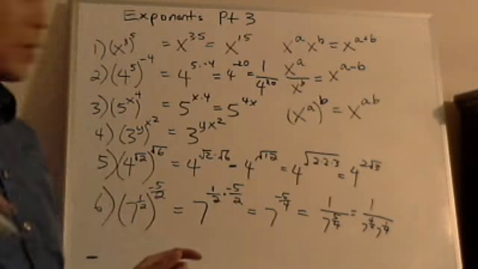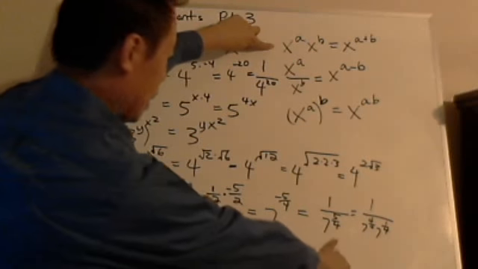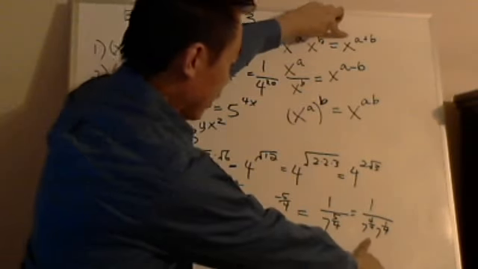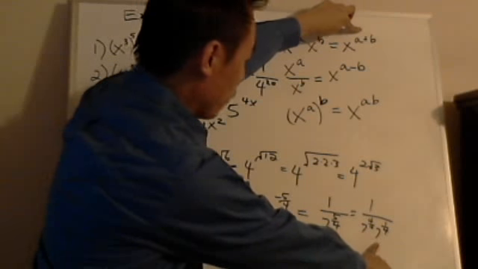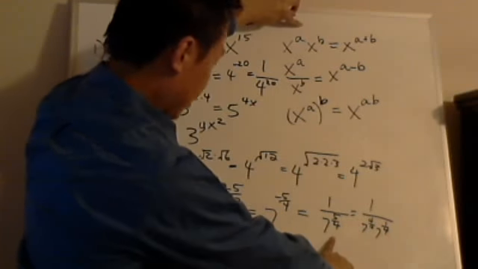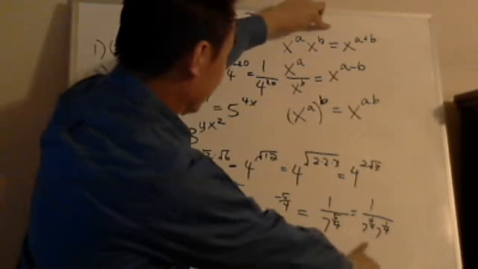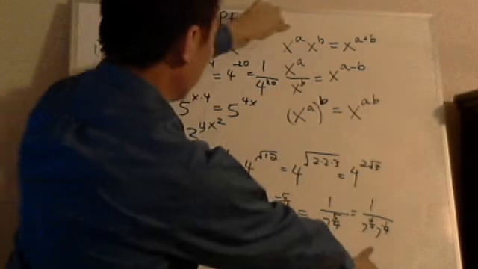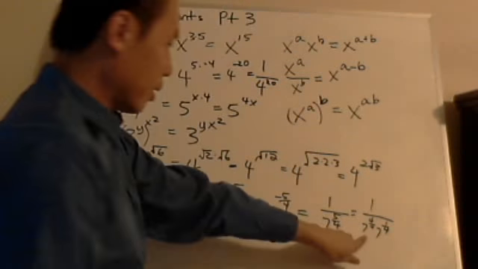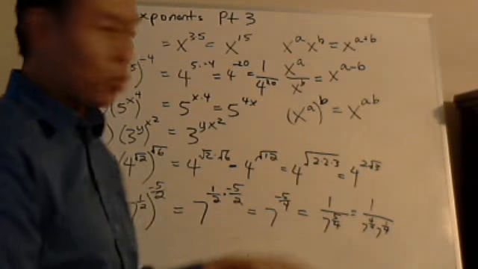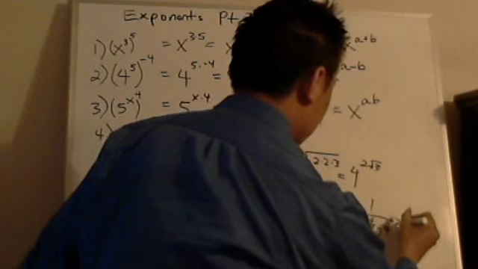And do you remember why you can do that? Look at the first one. Doesn't it look the same? 7 to the 4/4 times 7 to the 1/4, right? Look at the same base. You add it together. You see how it all comes out? Okay? So this 7 to the 4/4 power, 4/4 is just 1, right? So 7 to the 1 power is just 7. So you can rewrite it like this.